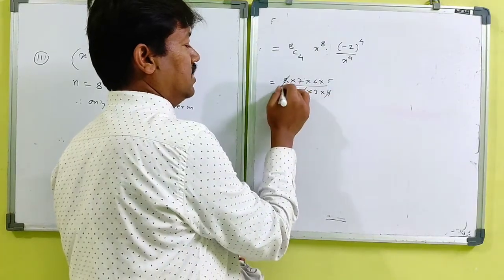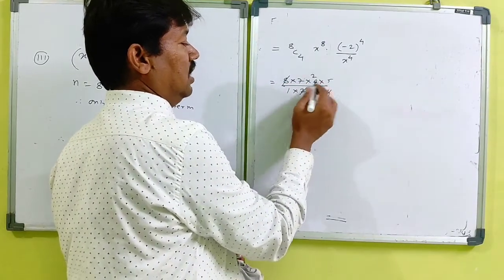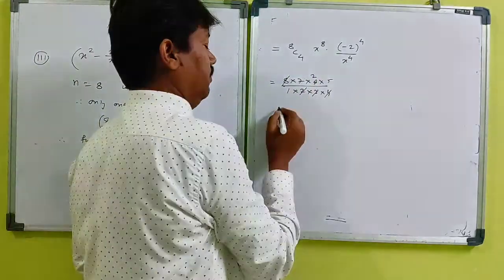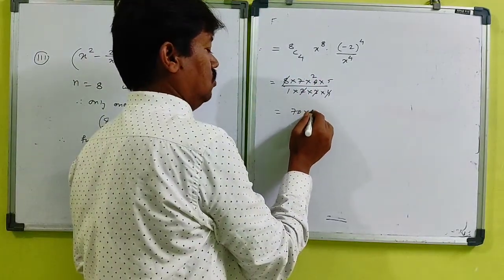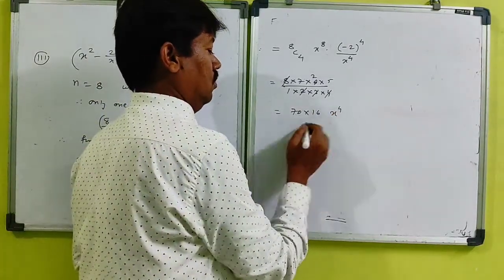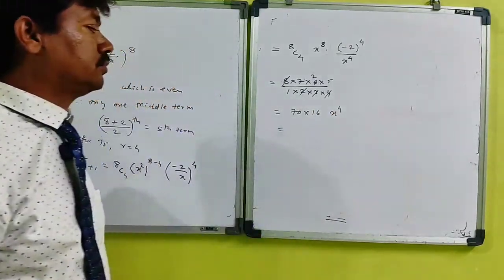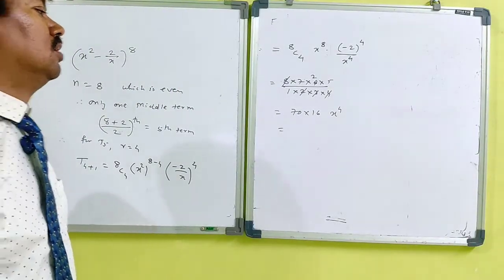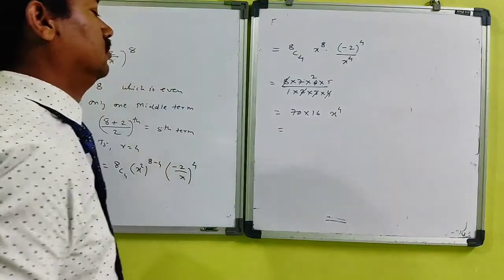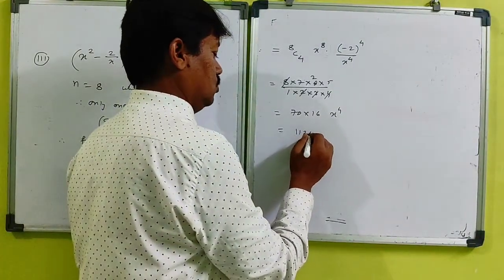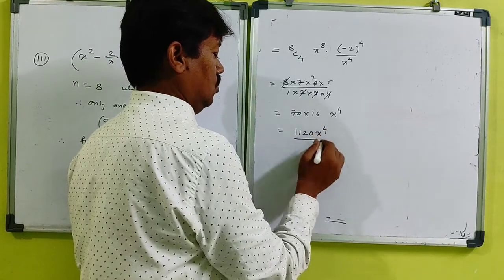So 2 into 4 cancels with this, 3 cancels with this, becomes 70. So it is 70 into 16 x^4. To calculate that, 70 times 16 is 1120, so it is 1120 x^4.